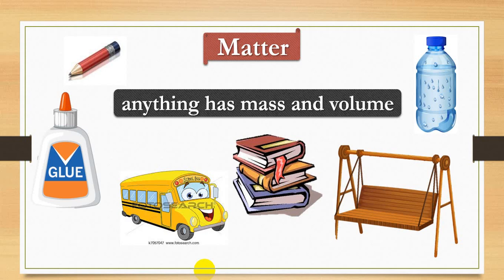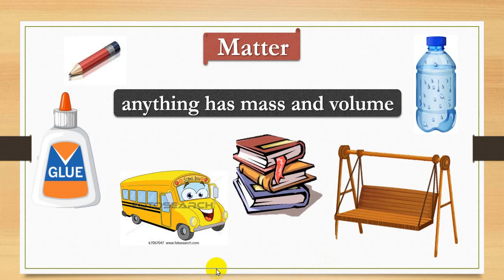Matter, anything around us, it is matter, like you and me, pencil case, books, water, any liquid, any gases around us, they are matter. So, what is meant by matter? Matter, everything around us on the Earth's surface is called matter. Any matter has mass and volume.